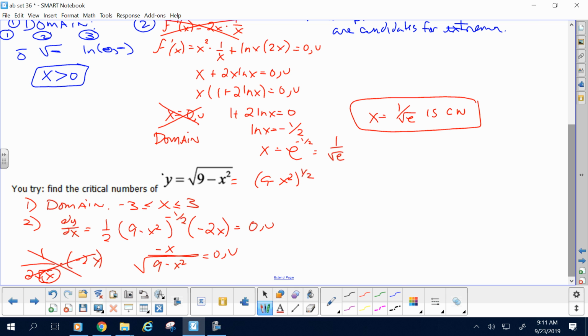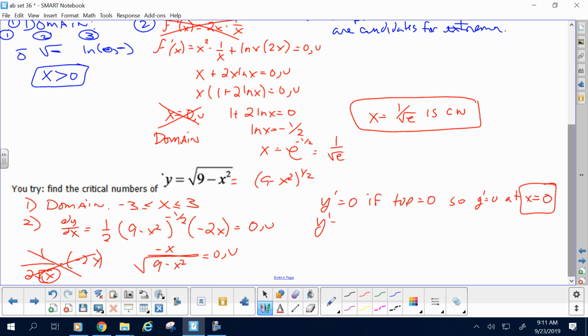All right, now here's the cool, easy part. Y prime is 0 if the top is 0. So that implies that y prime is 0 at x equals 0. Is that a critical number? Is that in the domain? Yep, that's 1.